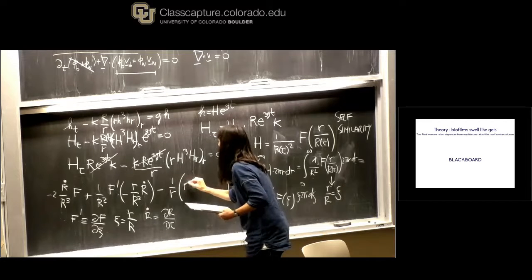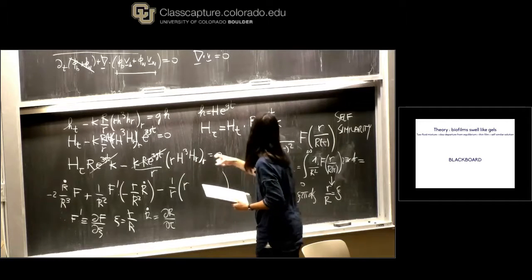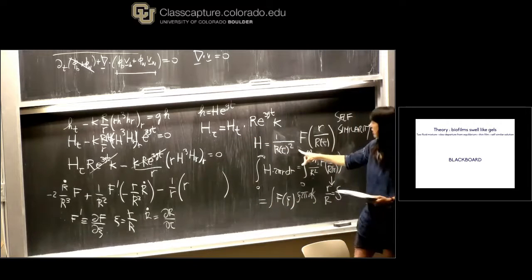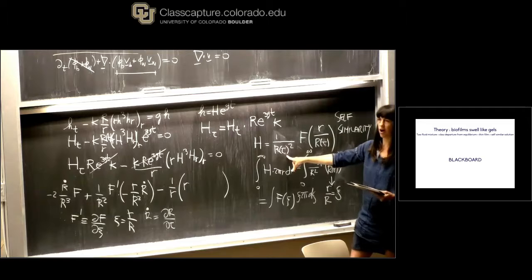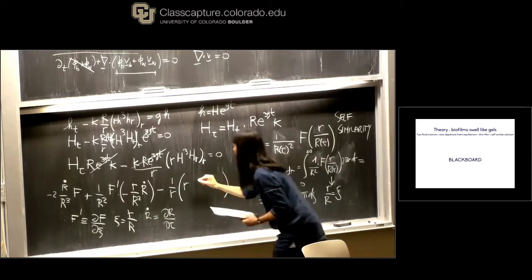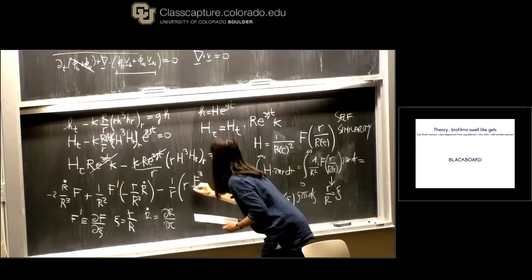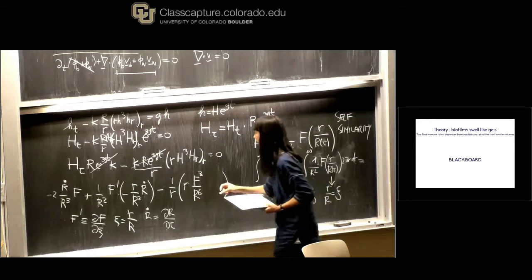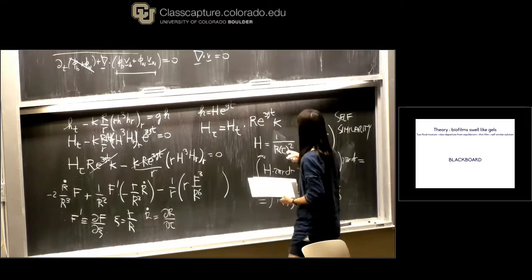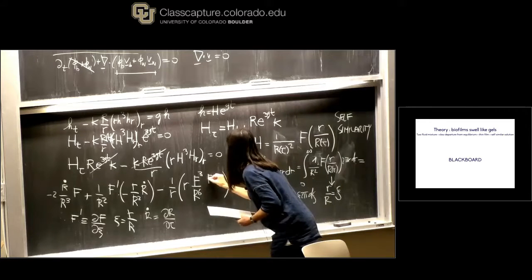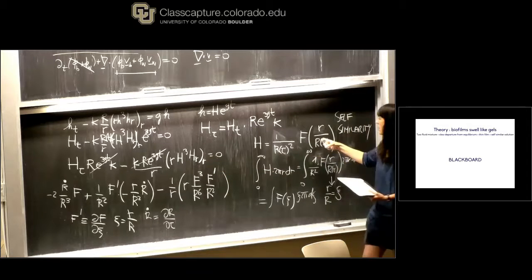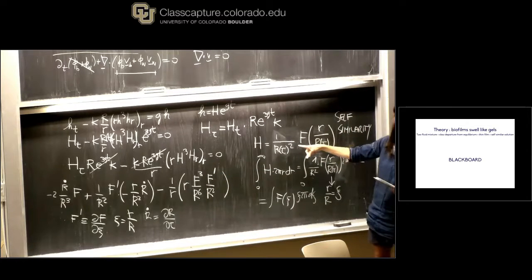I have r here. And then I have h cubed, which is, where is it? Here. F cubed divided by r to the 6th power. Cool? Okay. hr is what? 1 over r squared f prime, except that now f prime is the derivative of f with respect to psi.